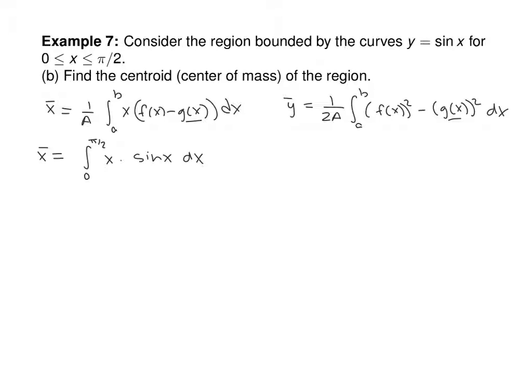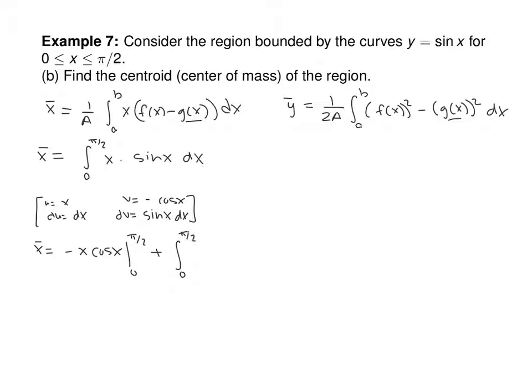And for this, you're going to recognize you have to use integration by parts. So to do that, you let u equal x, du is dx, dv is sine x dx, and v is minus cosine x. So x bar will equal uv, so negative x cosine x, evaluated from 0 to pi halves, plus the integral from 0 to pi halves of cosine x.